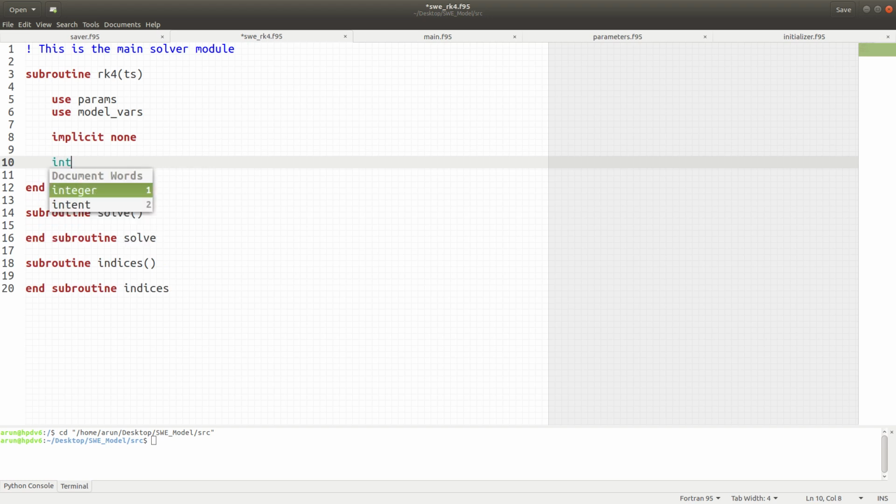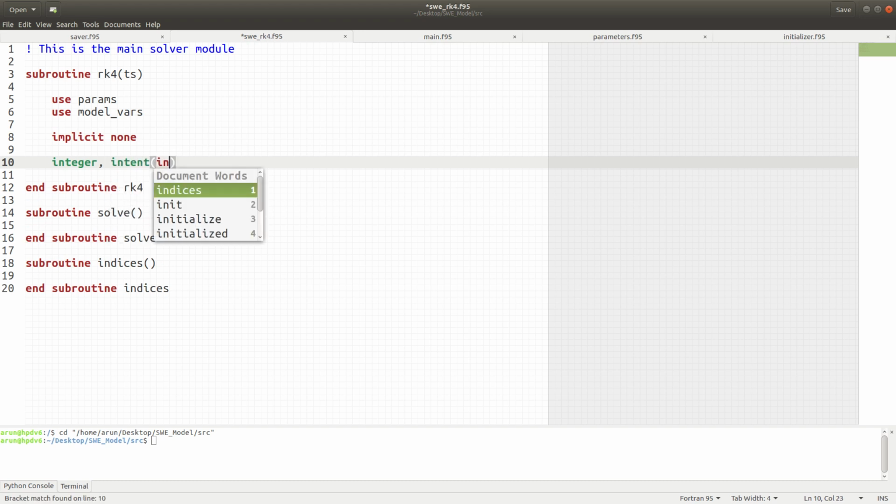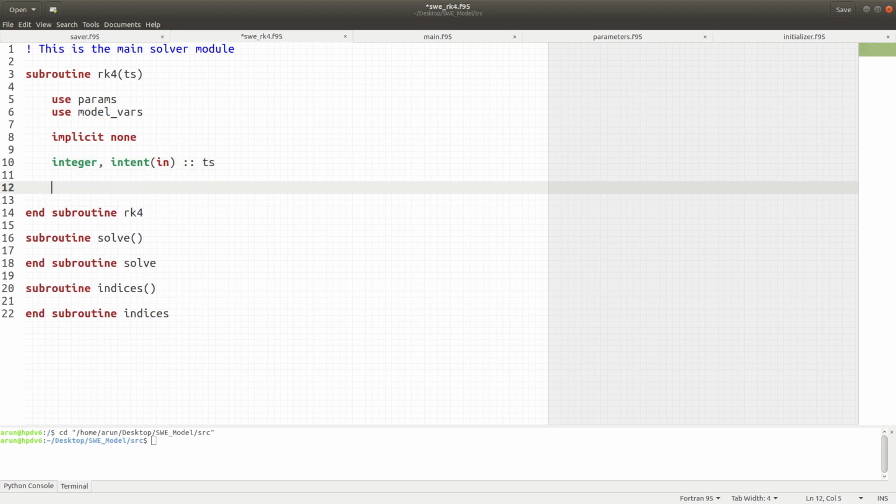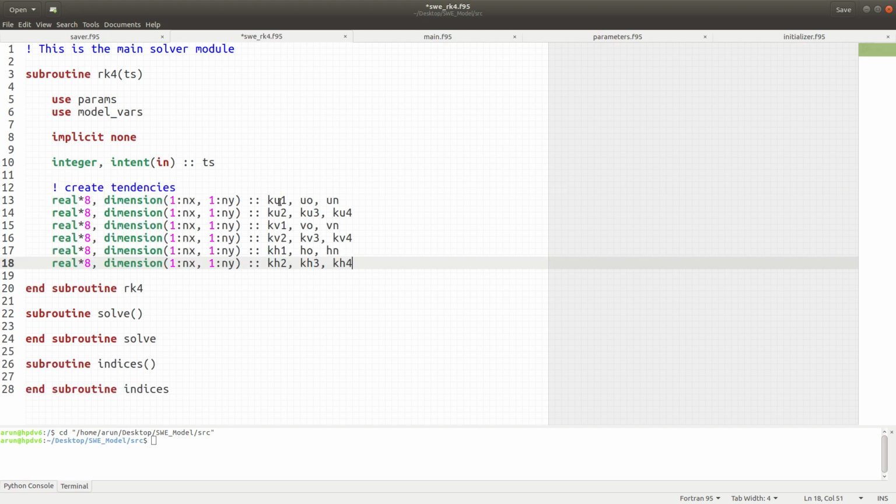Alright, so first we need an integer, with intent in, and this is for the variable ts. Then we'll be creating tendencies. We're going to call them tendencies, but they're actually not. These are going to be the intermediate slope functions for the variables u, v, and h.